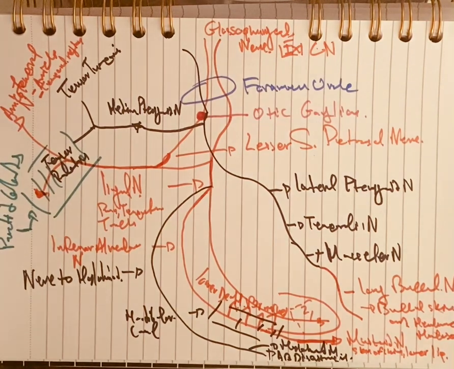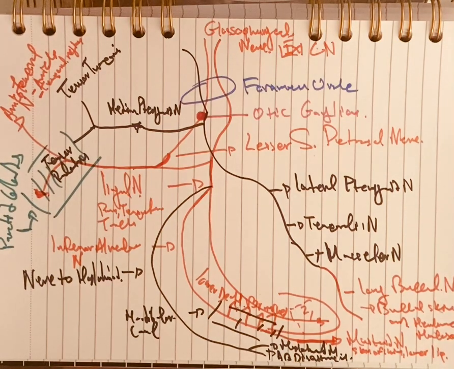The parotid glands are the only glands that are innervated by the glossopharyngeal nerve. The rest of the facial glands are innervated exclusively by the facial nerve, number seven.